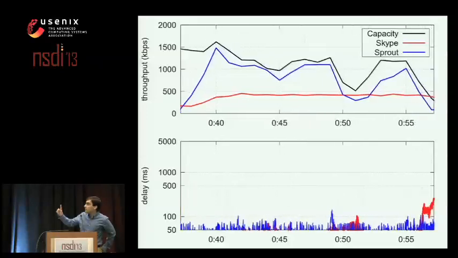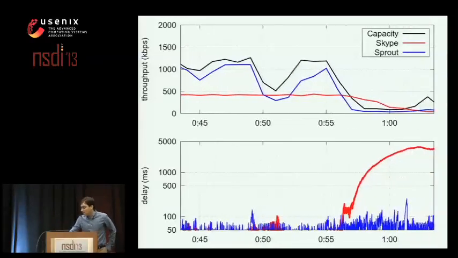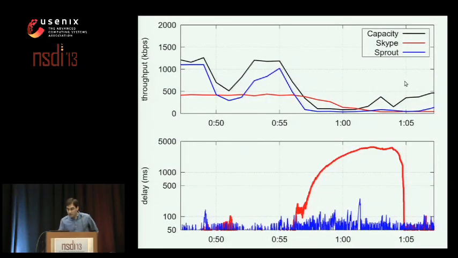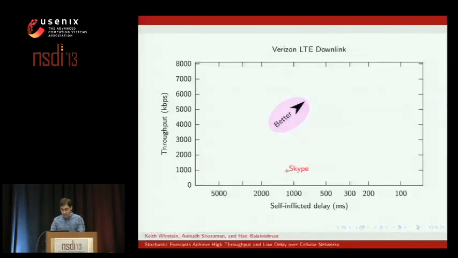And yet, when the network deteriorates, right here, you'll see Sprout has already figured out what's going to happen because we're conservative and we're actually below the network capacity. So unlike Skype, which has this overshoot and builds up this large delay, the blue delays, our delays, are less than 100 milliseconds almost all the time. So that's the empirical behavior of our system on this trace.